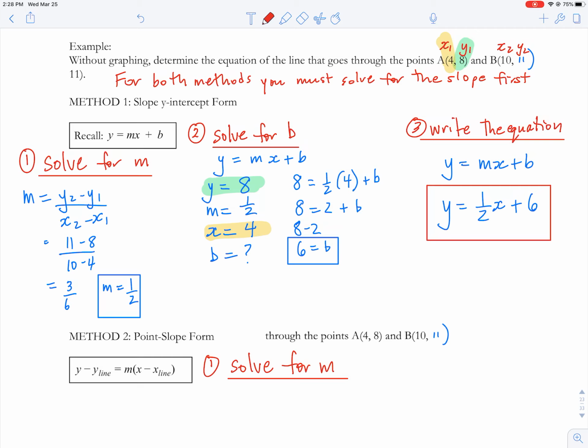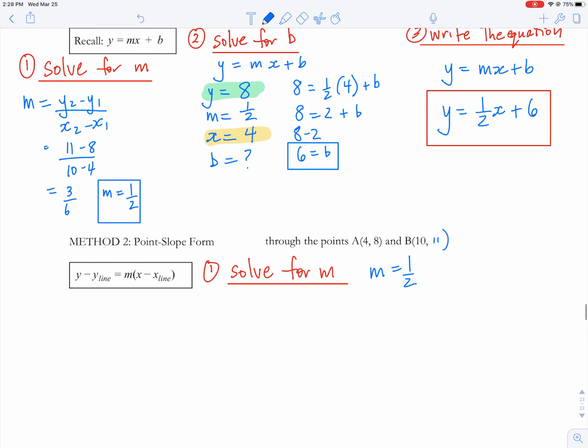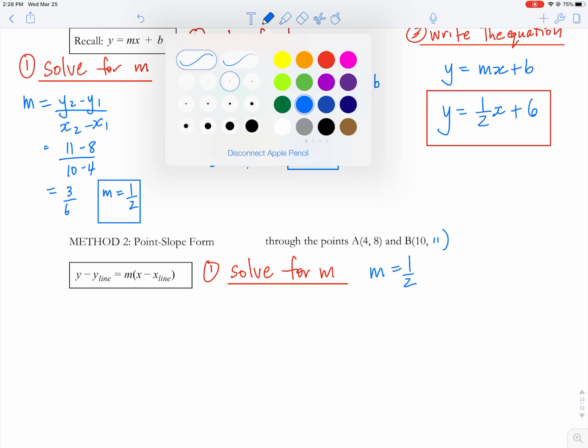The second method is similar, but uses a slightly different formula for steps 2 and 3. It does the same thing, solving for m. I just copied the points down, using the points A (4, 8) and B (10, 11). If we use those points and solve for m, we're going to get m from above. m just equals 1/2. And then the second step in this way of doing it, I'm going to use purple.